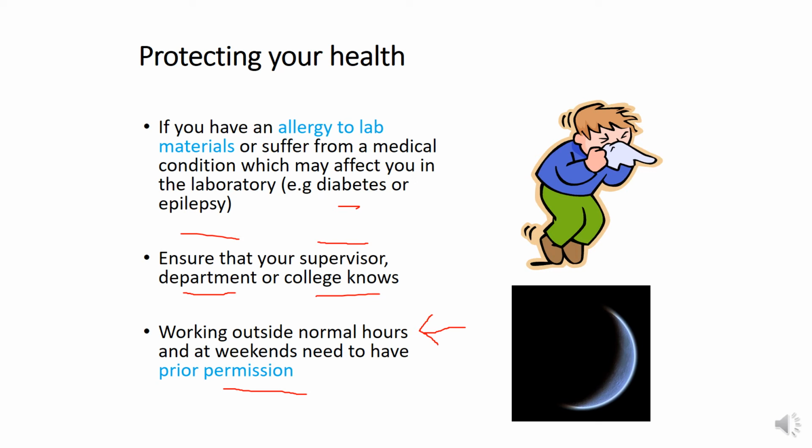Why is this rule applied? Because if something happens to you and nobody is there, it can cause more danger to you. So at least two people should work in the lab, whether it is long hours in the afternoon, at night, or on the weekends. It might look unusual to you now, but this is normal practice. Postgraduate students or PhD students usually work long hours.